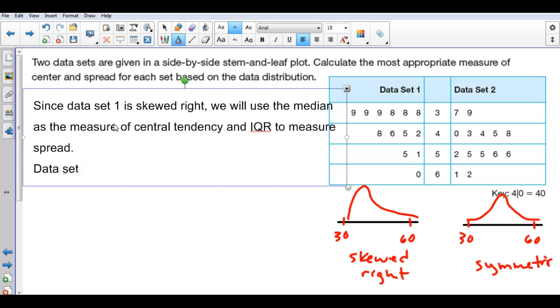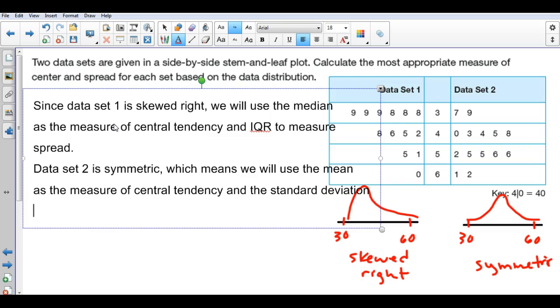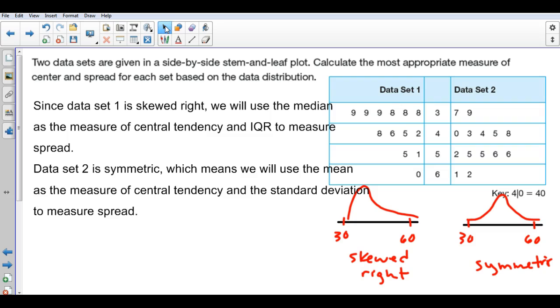Data set 2 is symmetric, which means we will use the mean as the measure of central tendency and the standard deviation to measure spread. So based on that dot plot, or just this little drawing that I have down here, which you don't even have to make these drawings, you can really see that data set 1 has a really big peak at the top here, which means that your data will be skewed.